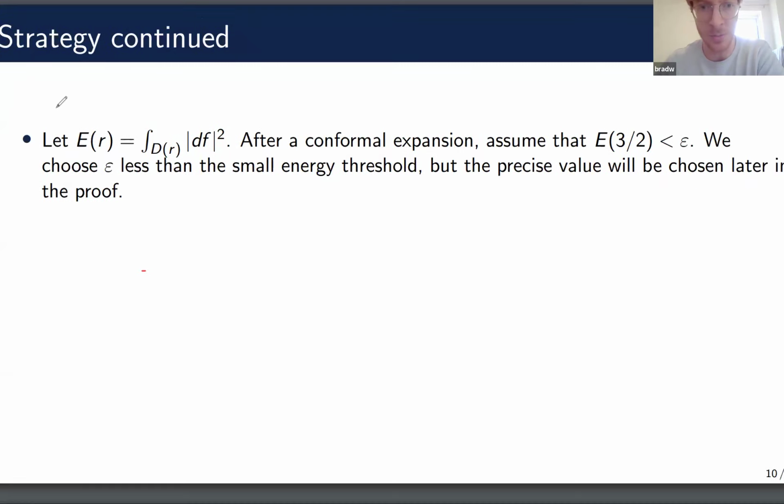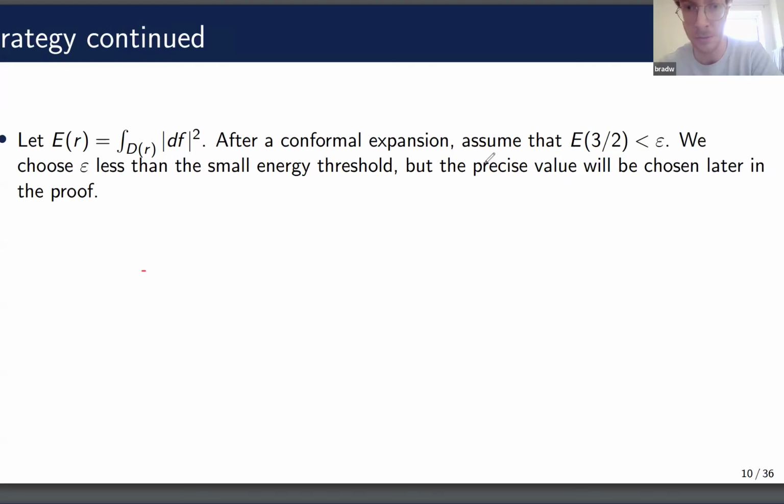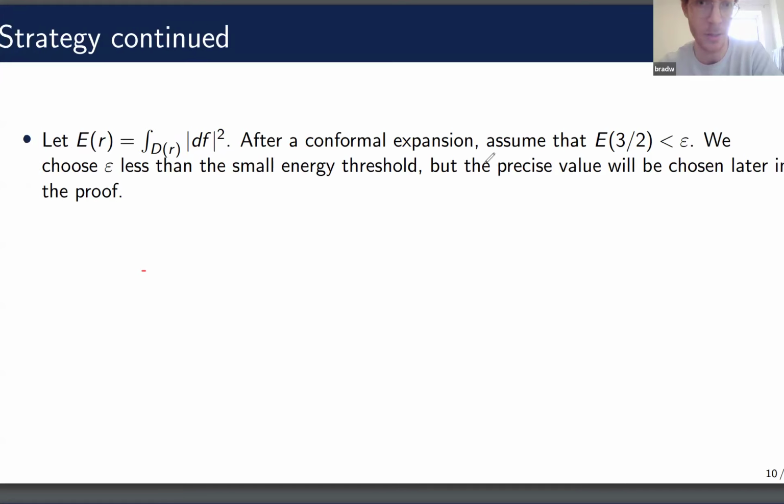We can choose epsilon as small as we like, but for now we'll just choose it less than this small energy threshold, which we had from the small energy theorem. And we'll need to make it even smaller later.